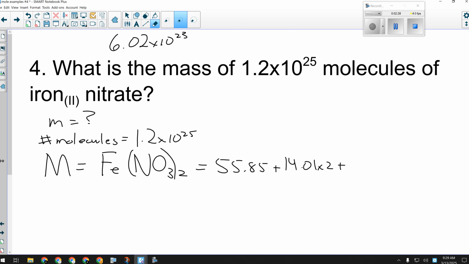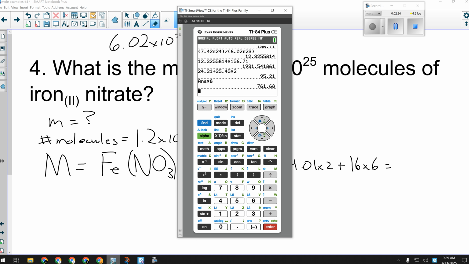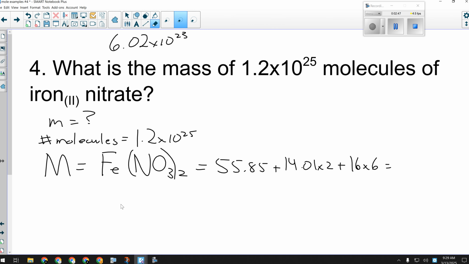And how many oxygen? 6. So 55.85 plus 28.02, that's our 2 nitrogens, plus 16 times 6. All right, 179.87 grams per mole.